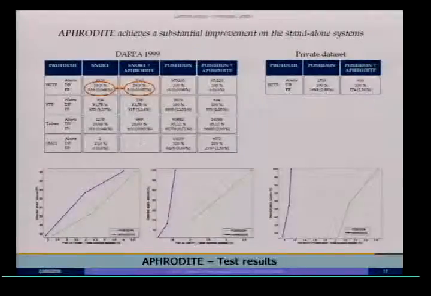When we apply our architecture, putting Snort together with Poseidon, we have the same detection rate, so no effect on the completeness of the system, but the accuracy of the system is really improved. We have only 5 false positives. On Poseidon we have the same effect, but because Poseidon originally had a 100% detection rate and only 15 false positives, it's 0, but it was easy to achieve this.